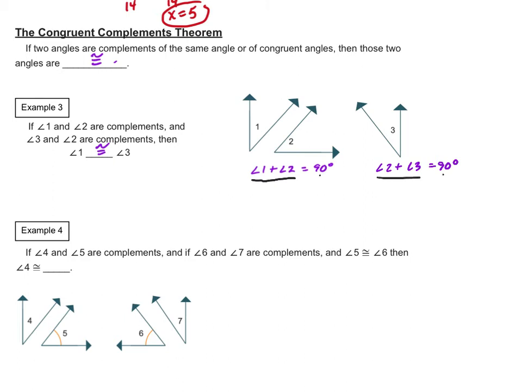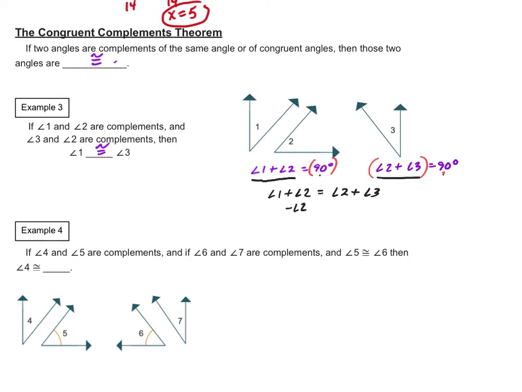So back in that day of doing algebra, when we would do substitution, I'm going to substitute this for this because we know that's what it equals. In doing so, I know that angle 1 plus angle 2 equals angle 2 plus angle 3. Great.